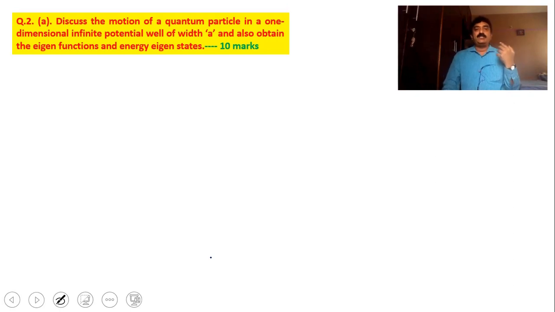Probability cannot be imaginary, probability cannot be negative, probability cannot be infinity. So we say the wave function cannot be infinity. So the wave function that has all these properties, we call an eigenfunction. Using that eigenfunction, if you do some calculations, you will get the energy value, momentum value, spin value, etc. Those values are called eigenvalues.